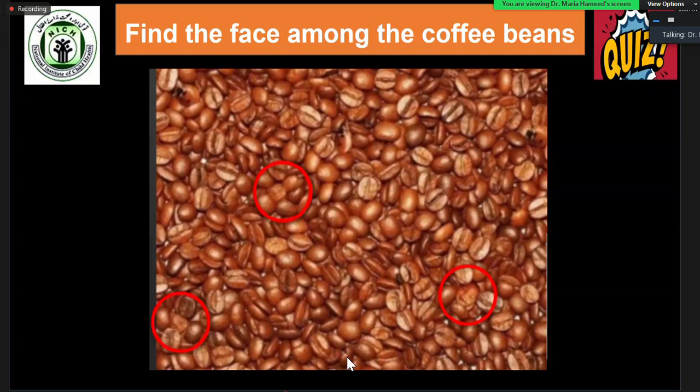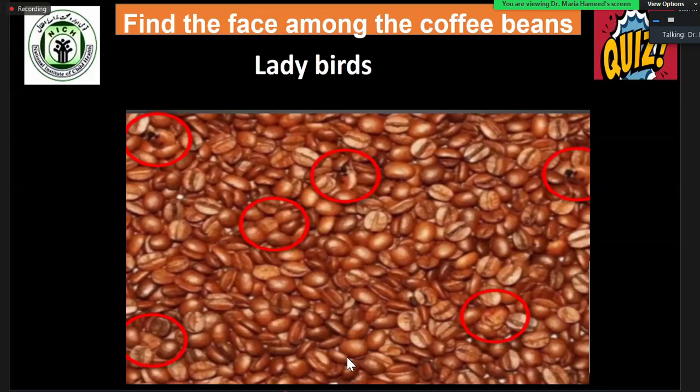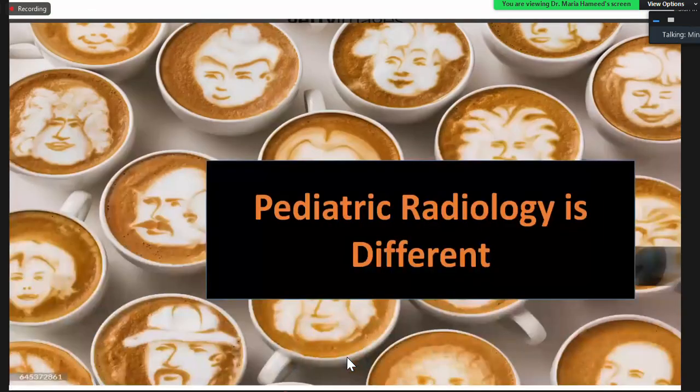But someone who is attending a discrepancy meeting on a daily basis may be able to find three more ladybirds. So this is the problem with radiology which all we radiologists face. The more we see, the more we get confused, and the more we get eye-tuned. So pediatric radiology is different.